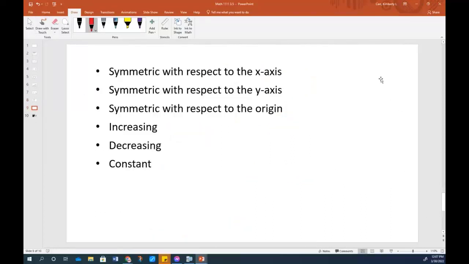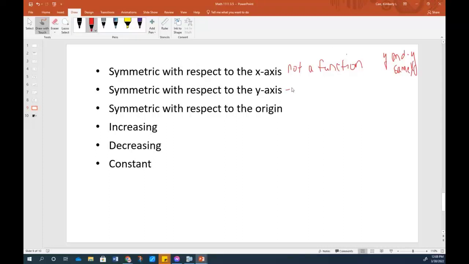Things that are symmetric with respect to the x-axis are not functions. If it is symmetric with respect to the x-axis, then your x value will have two different y values, so y and negative y go with the same x. Symmetric with respect to the y-axis is a function.